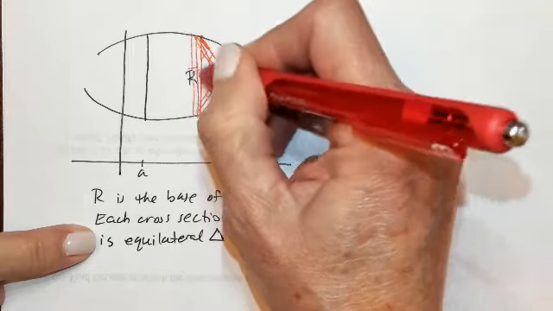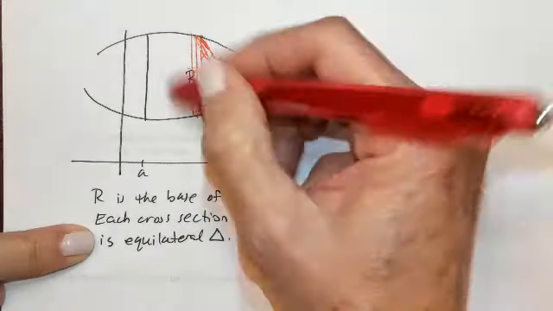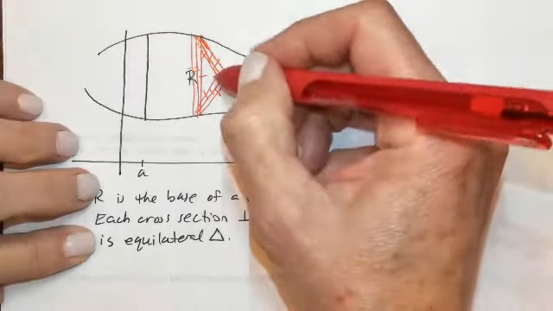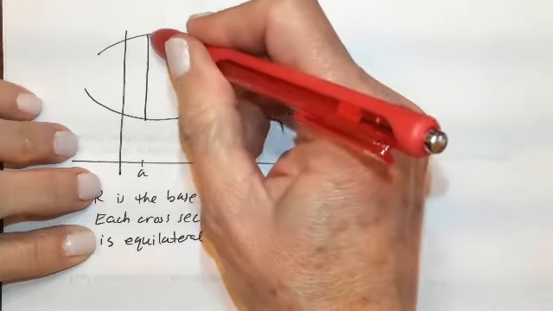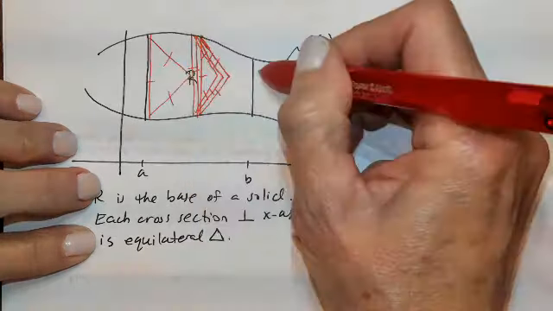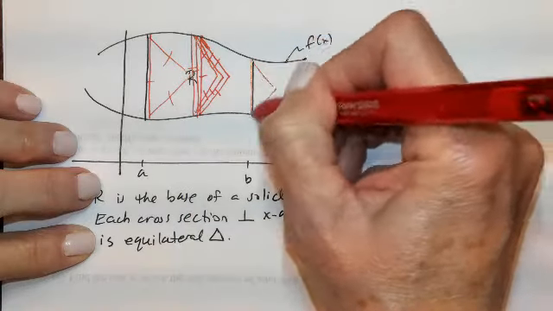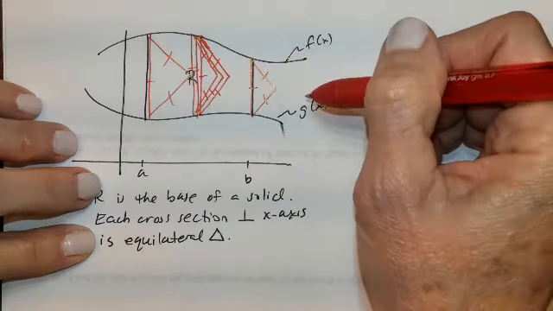And all of these slices, an infinite number of slices added up together, the area of each slice added together from x equals a to x equals b would give us the volume of this solid.